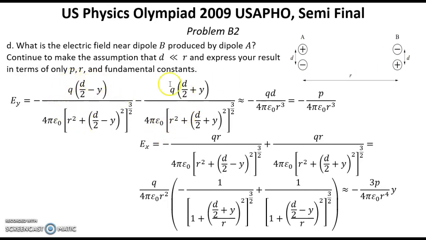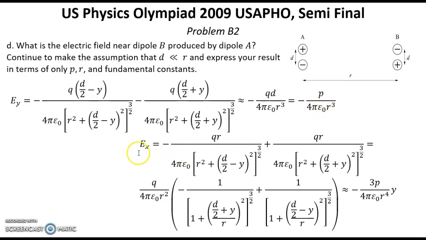So now we can approximate this formula due to a very small expression for d and y, and finally we will get this result. Approximately electric field in y direction equal negative p divided by 4 pi epsilon 0 r cubed.